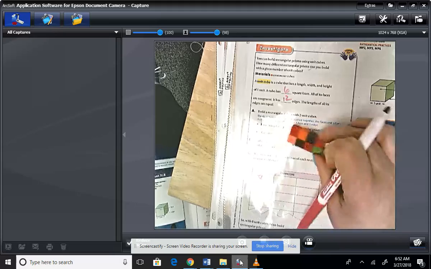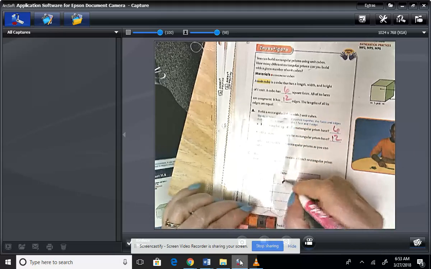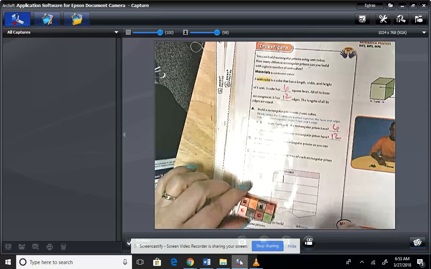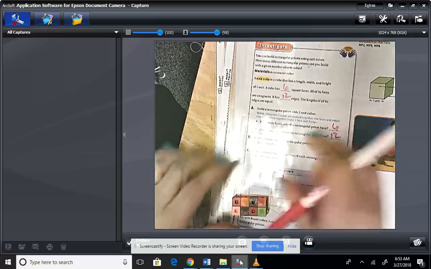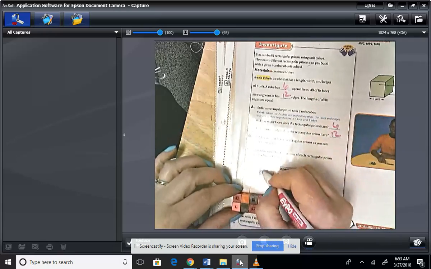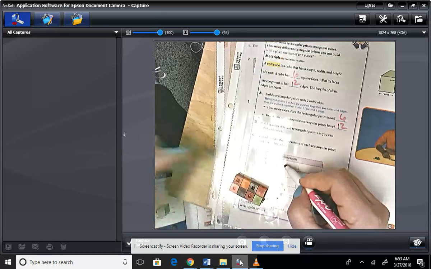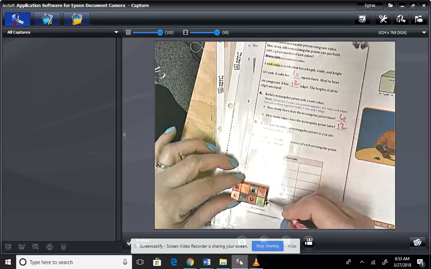I have 1 long. How many do I have on the side? Oops, let's go back. I have 4: 1, 2, 3, 4. And I have 2 wide.